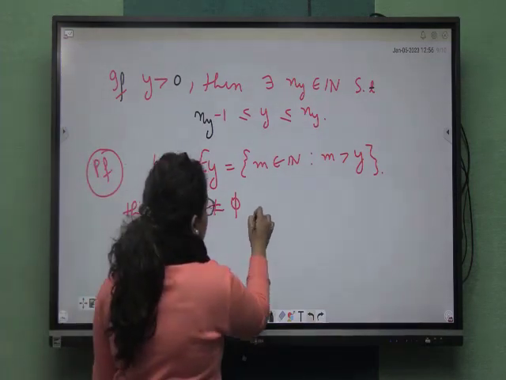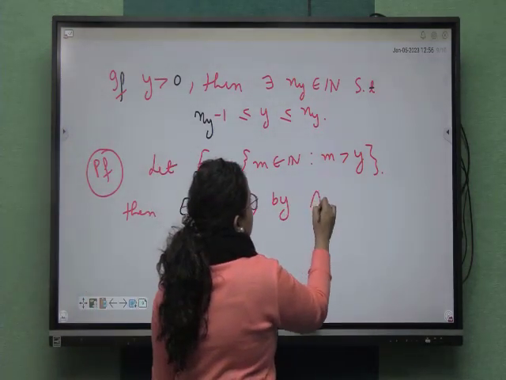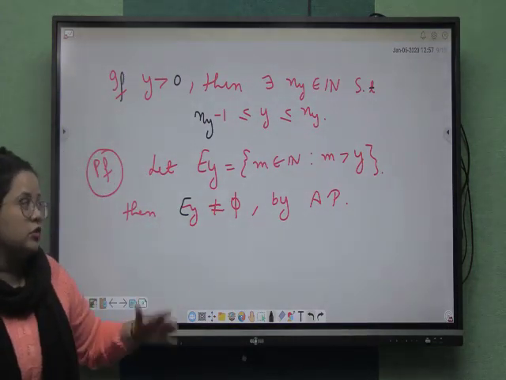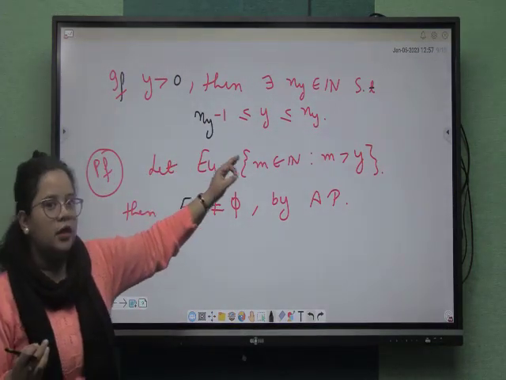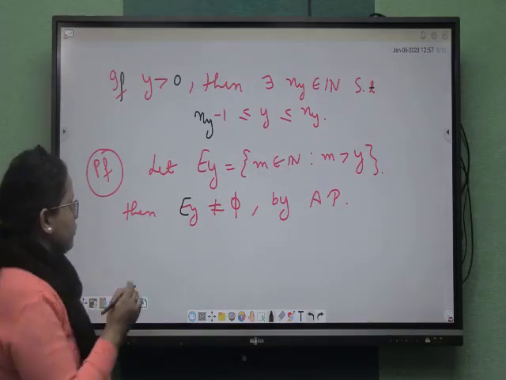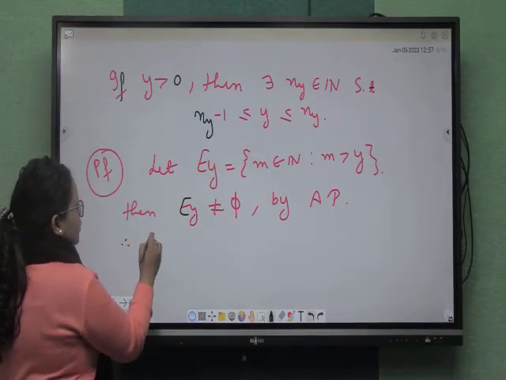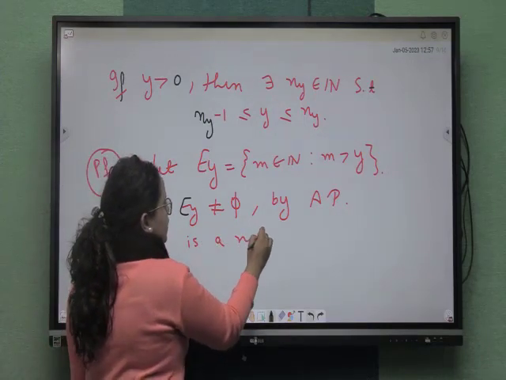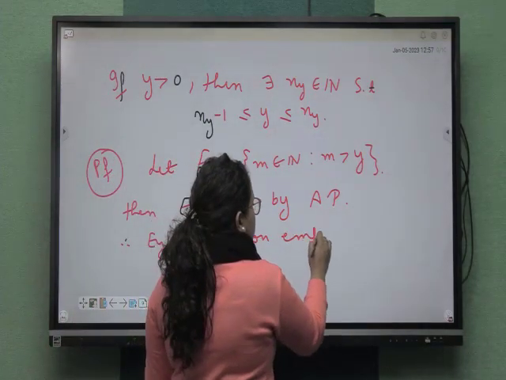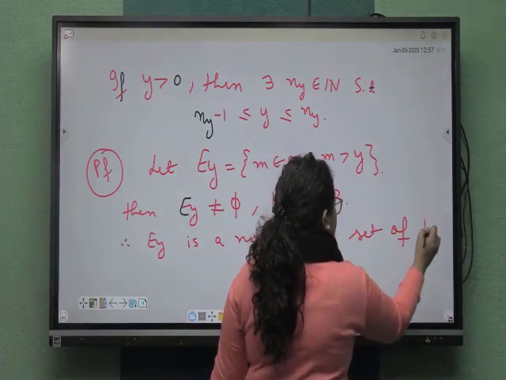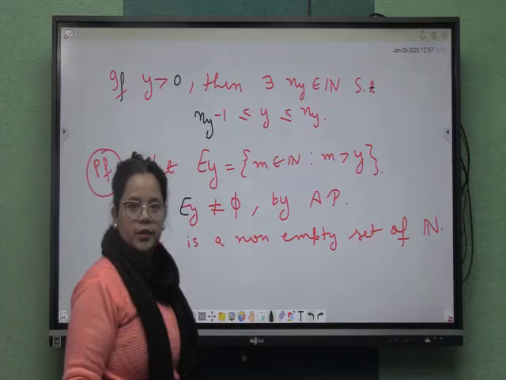By the Archimedean property, because that says that for every real number we must have a natural number greater than it. So we will get at least one element, which means it is non-empty. Therefore Ey is a non-empty set of natural numbers.